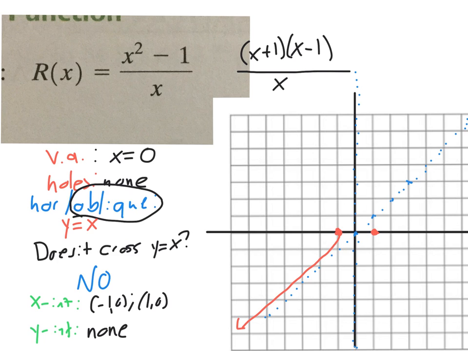And then what's going to happen as we get closer to the vertical asymptote? The graph's going to go straight up. Not straight up, but it's going to basically look like it goes straight up. It's going to continue to move a little bit right, get closer and closer to the vertical asymptote. But it's not ever going to cross it.